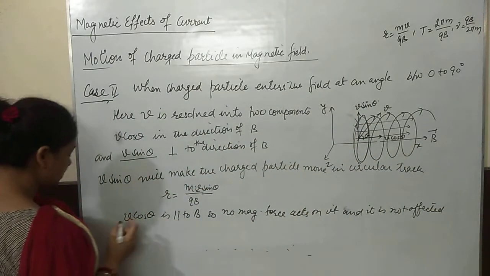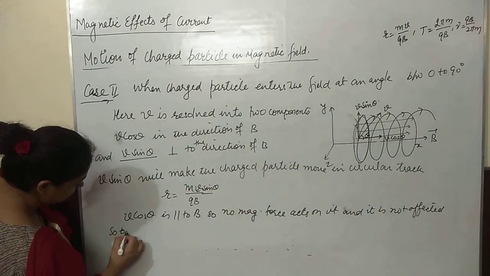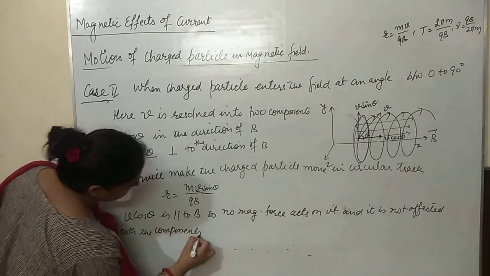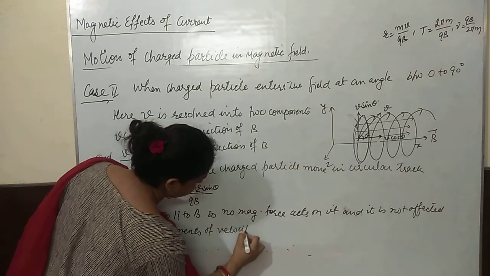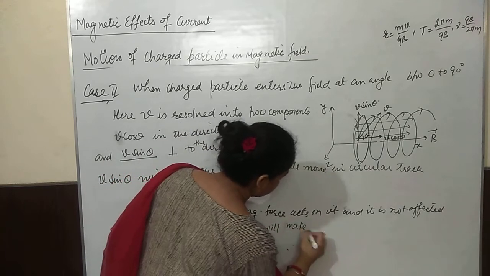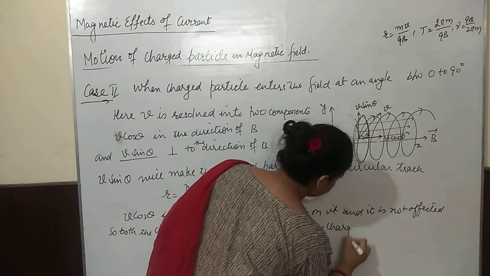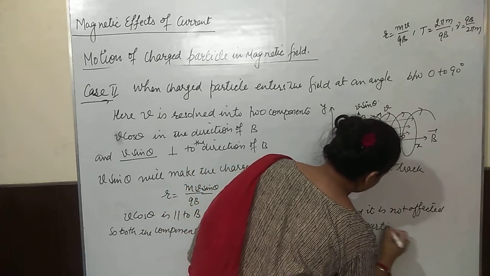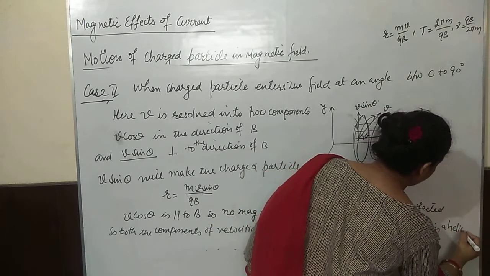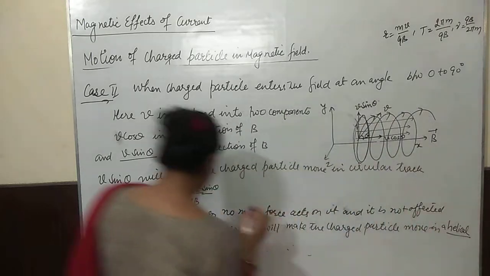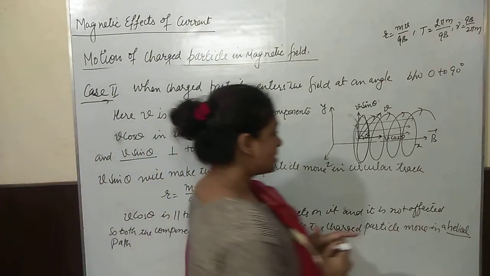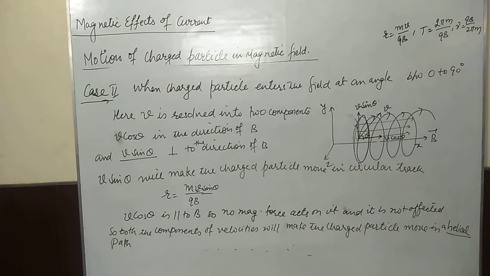So both these components of velocity will make the charged particle move in a helical path. So the motion of the charged particle will be along a helical path.